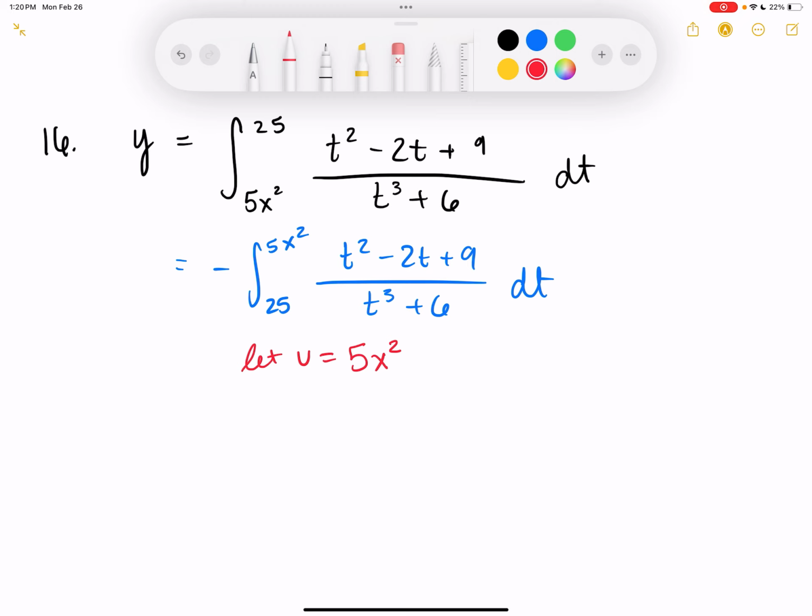Then we can find du dx, or whatever. What is du? Du. Integral of negative, the negative integral from 25 to u.